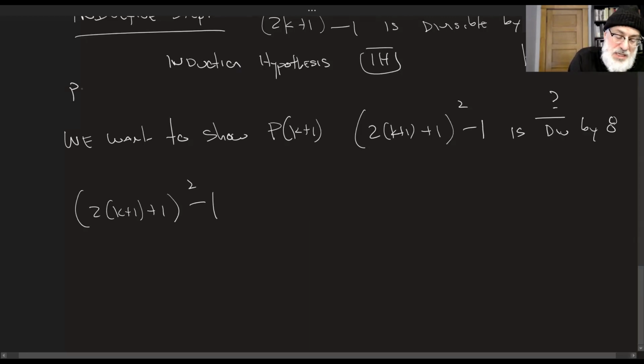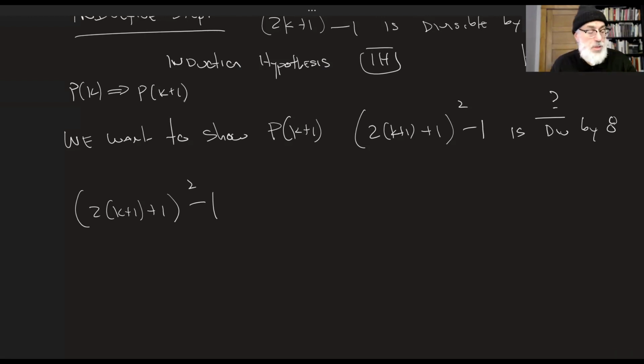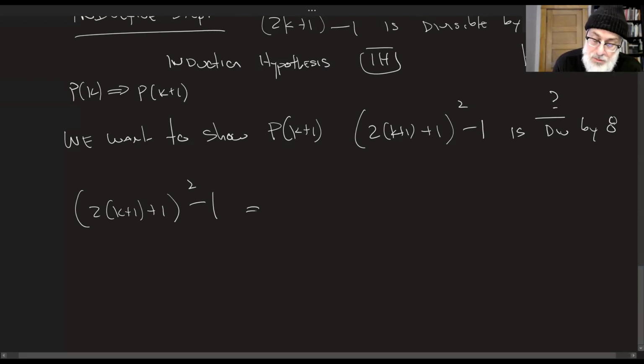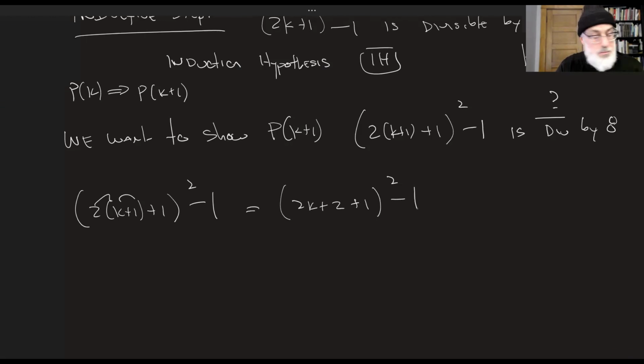In other words, that P of k implies P of k plus 1, which is the conclusion of our proof, like any induction proof. Okay, so let's distribute this. If you need some refresher on multiplying polynomials, we have a video lecture series on college algebra. You could look at that and get familiar with polynomial multiplication.